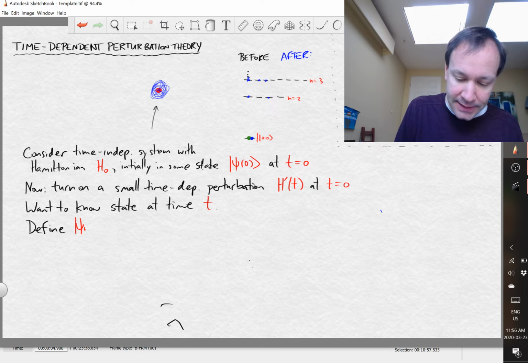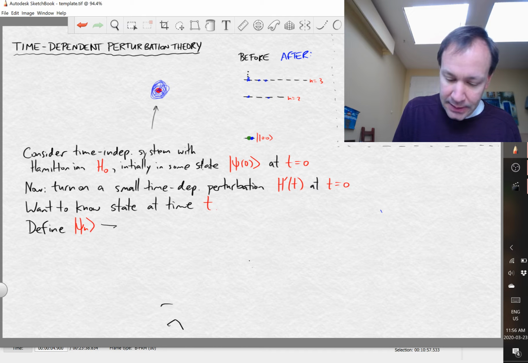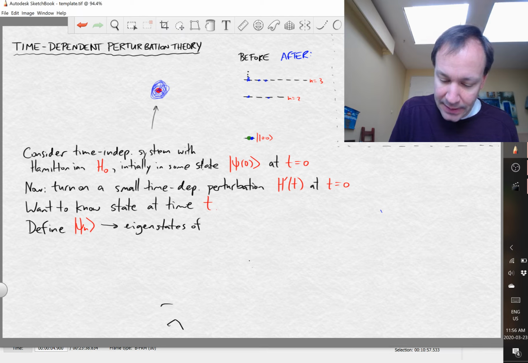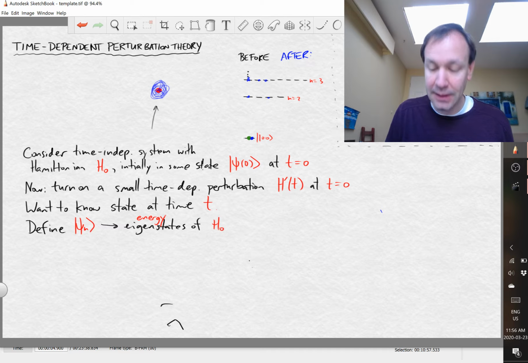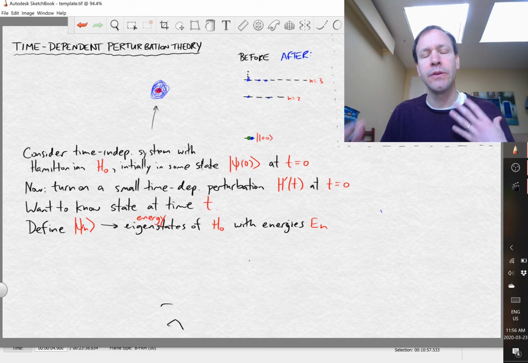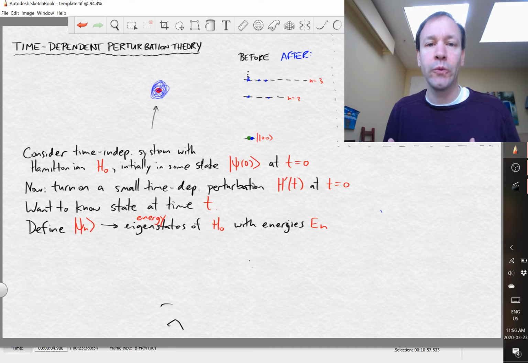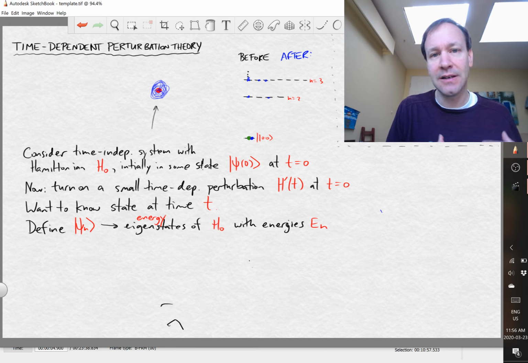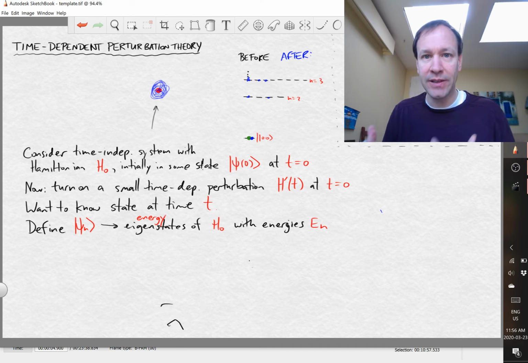So let's define psi n to be the energy eigenstates of H0, and we will assume that those have energies that we'll call En. Okay, so we assume that we know what the energy eigenstates are for the original Hamiltonian, and we know what the energy eigenvalues are.